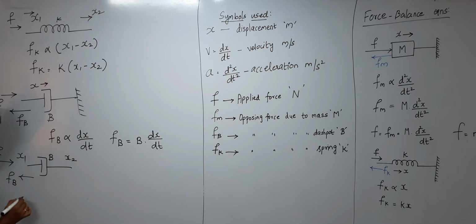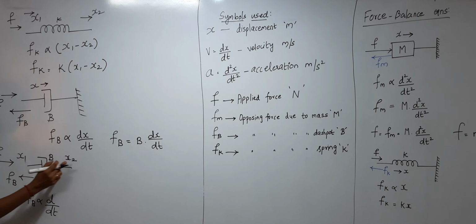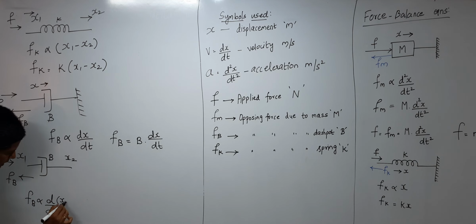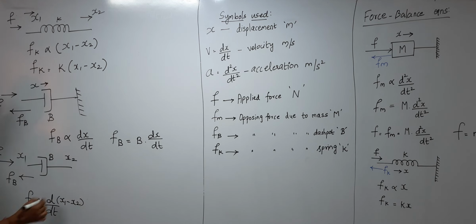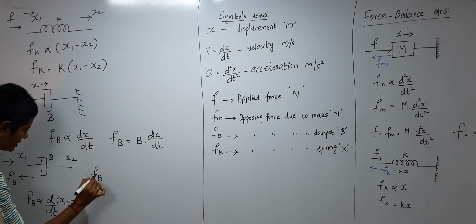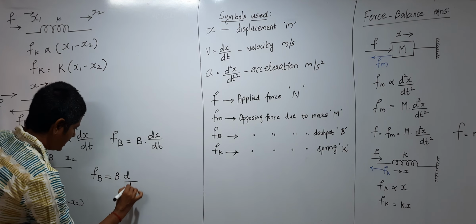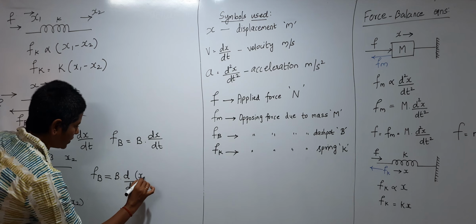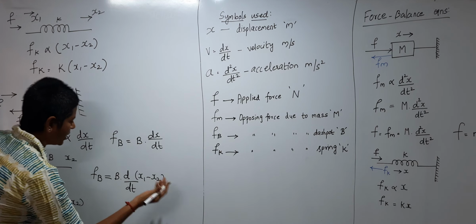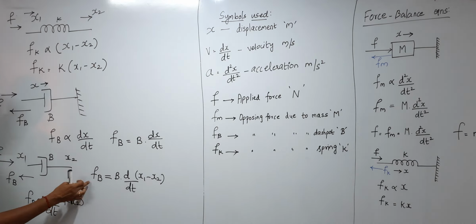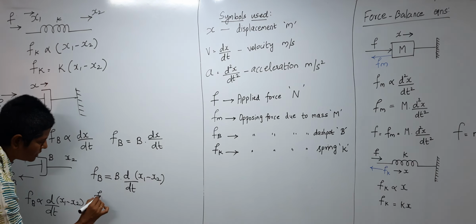In this case Fb is directly proportional to the difference between the two displacements, d by dt of x1 minus x2. Now when we include the proportionality constant, Fb is equal to b into d by dt of x1 minus x2. And again this opposing force produced by the dashpot is always equal to the applied force.